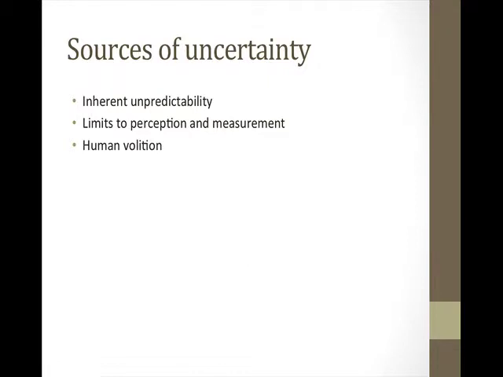Okay, so the sources of uncertainty, if we were just looking at a particular scientific problem, would be the inherent unpredictability of the system itself. Say we're studying a lake, there are just some behaviors of that lake we're not going to be able to predict. And then there's a limit to perception and measurement, and that's more on the scientific end.